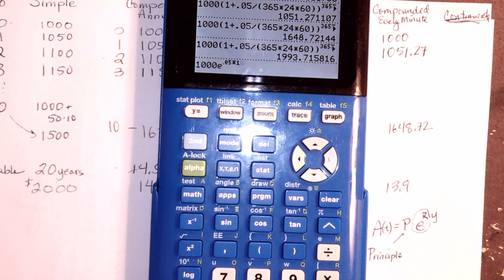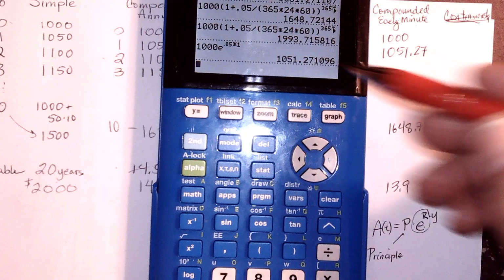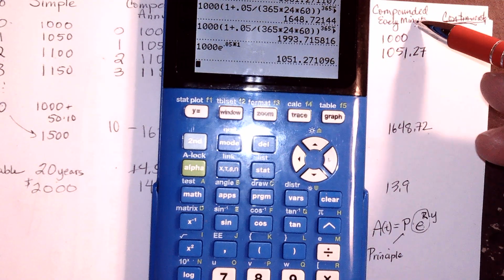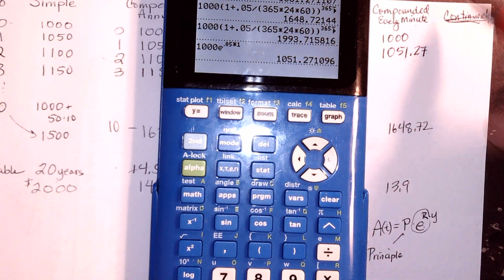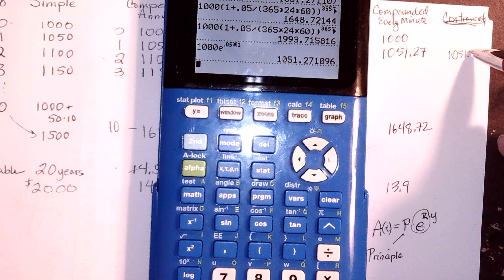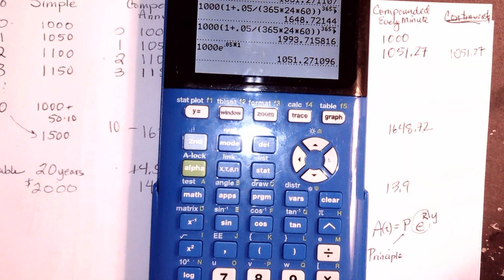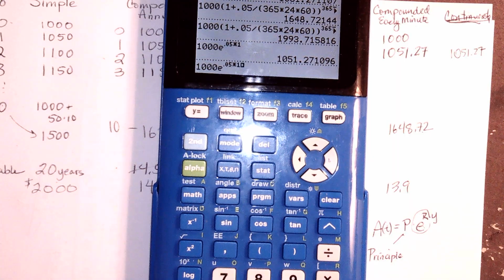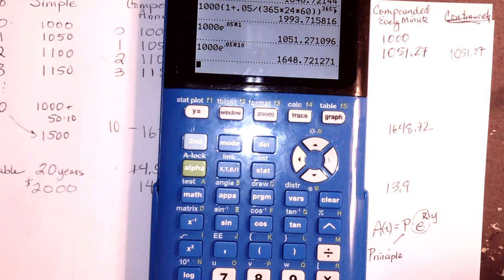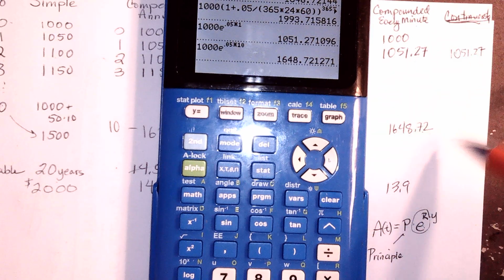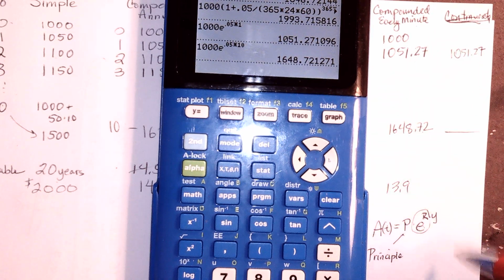So if it was 1 year, we get 51.27. Well, every minute is almost the same. So it's still the same after 1 year. After 10 years, it's probably not going to be much different. Put in a 0 on there. 10 years, it's going to be, again, 1648.72. Doing it every minute, it's almost the same as doing it continuously.